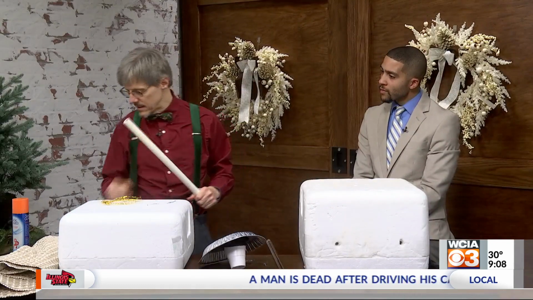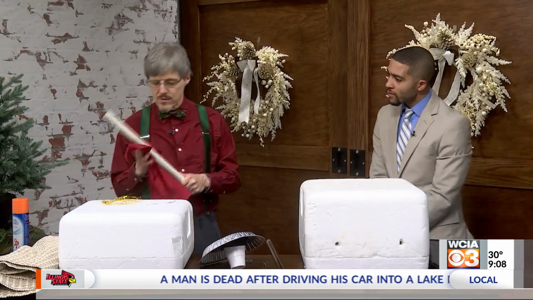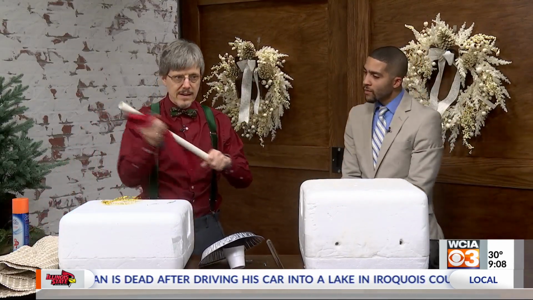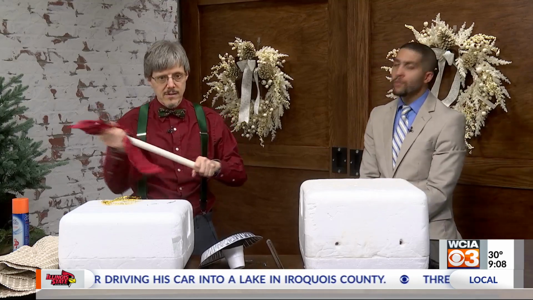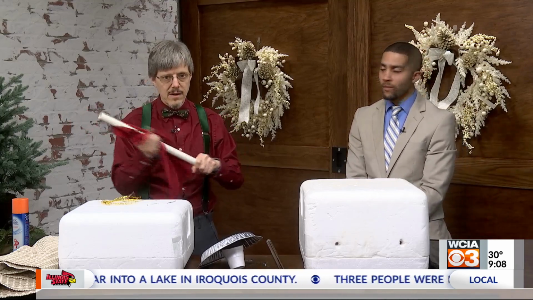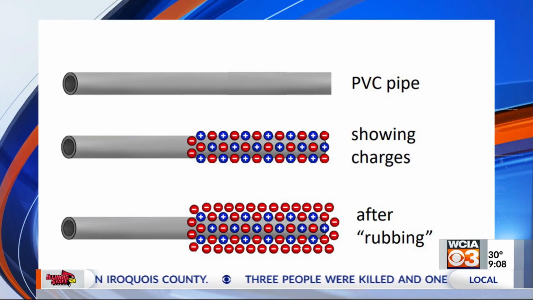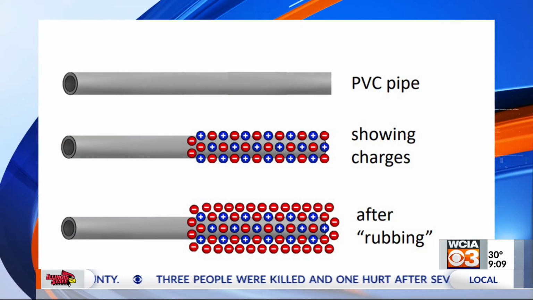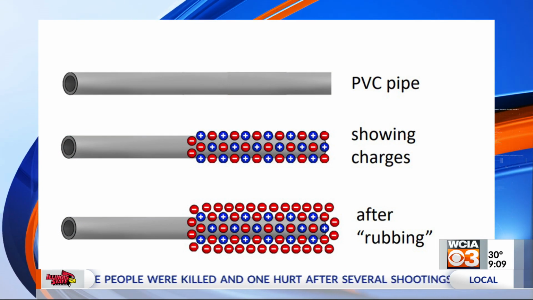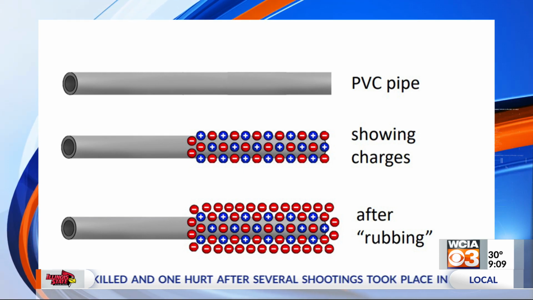So the second thing is, okay, well, what happens when I'm actually taking one of these rods? So for example, this is just a PVC rod, and I'm just going to rub it with this. And initially, if we go back to our other graphic here, initially the pipe, I'm just showing the pipe, but I'm not really showing the charges. And now in the second graphic I show, it's kind of neutrally charged, equal numbers of positives and negatives.